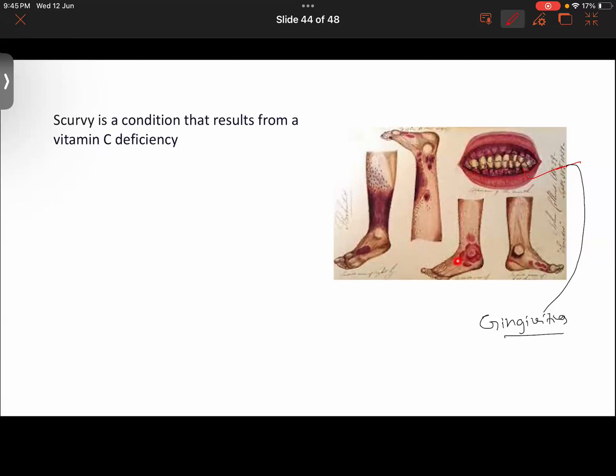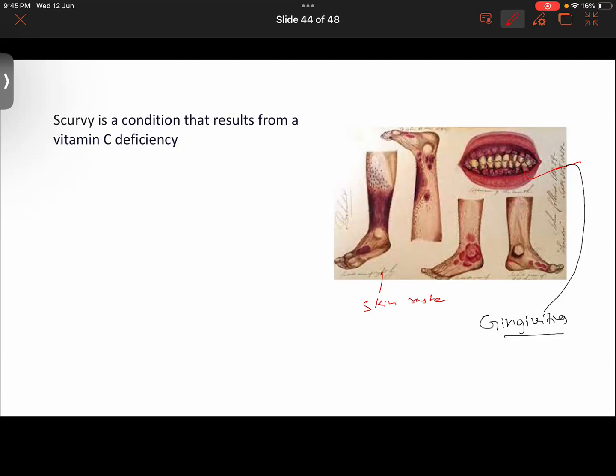The symptoms are such that you'd see the gums would be bleeding. His hunger will also go down, and there would be rashes on the skin. As you can see in the first image, there are rashes on the leg of this boy, of this person.